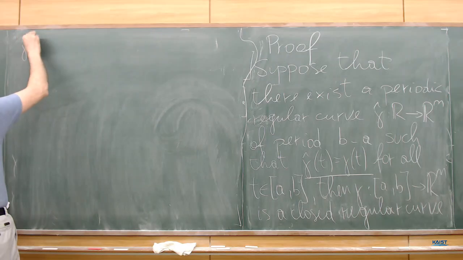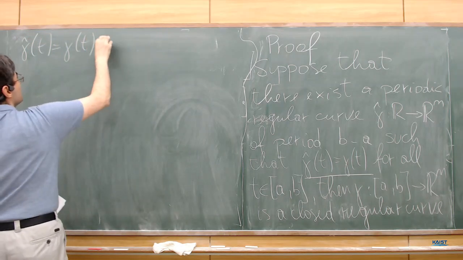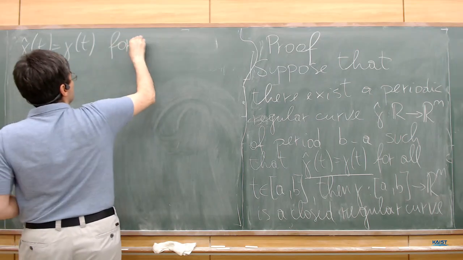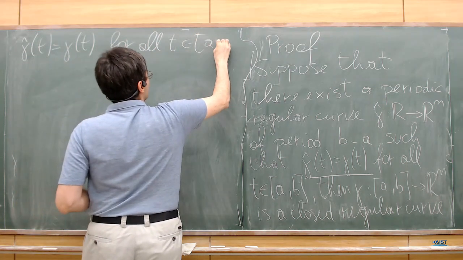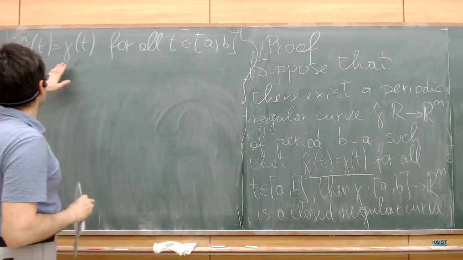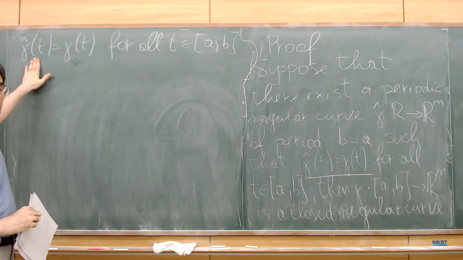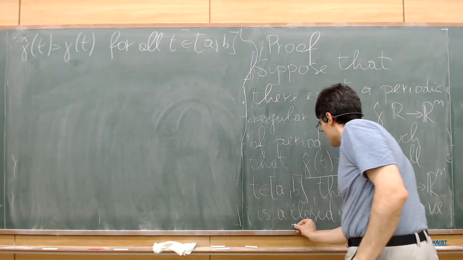So gamma hat t is equal to gamma t for all t in [A, B]. The regularity of gamma follows from the regularity of gamma hat. We have only to prove it is closed.